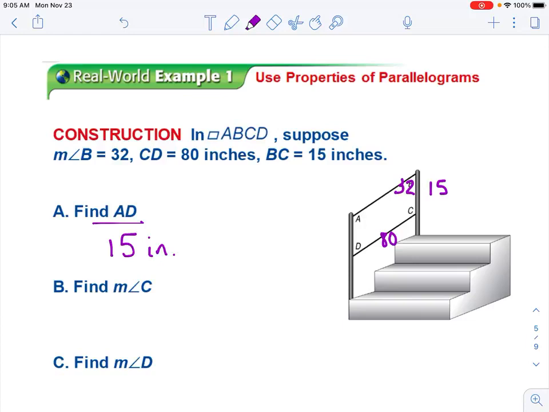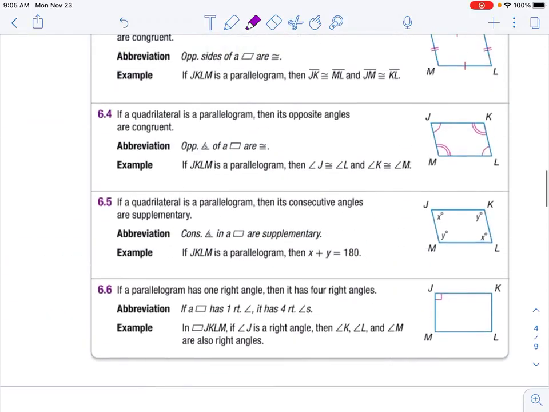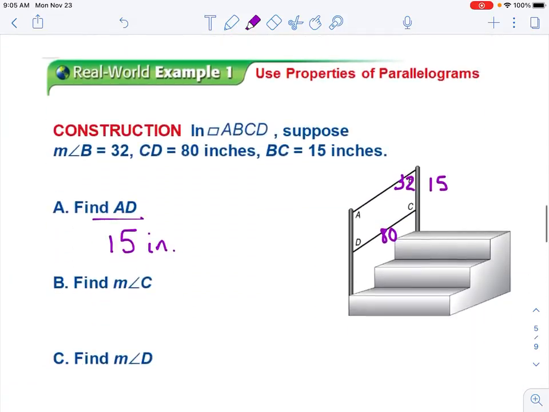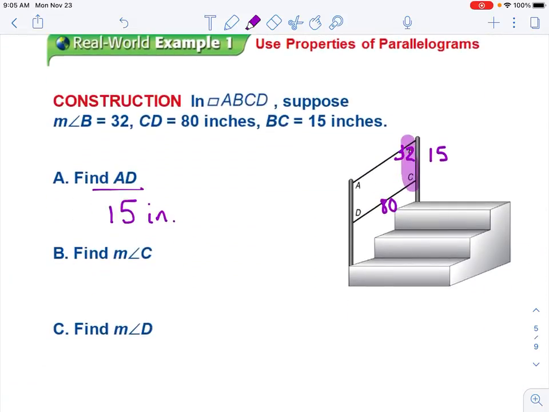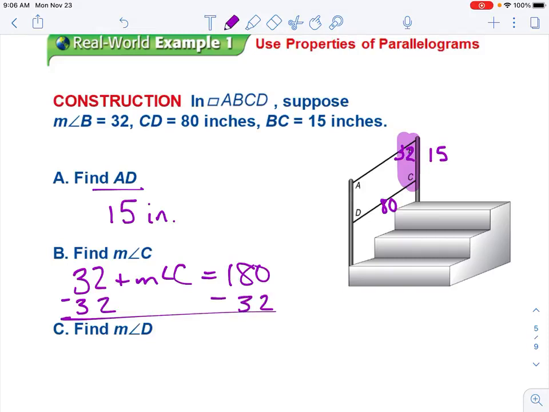We know that consecutive angles are supplementary. So B and C are consecutive, which means they must add to 180. Most of you guys would probably be able to do this in your head, but I'm going to say 32 plus the measure of angle C equals 180, and solve from there.